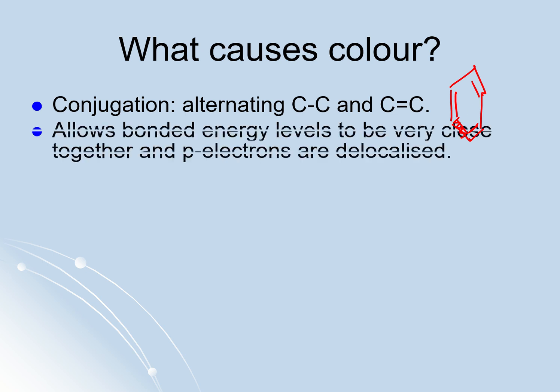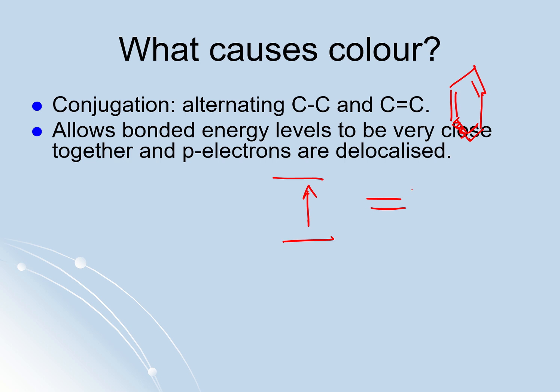But we need that at least. What happens when you get alternating double single bonds is that the sigma bonding area and the pi bonding area of the p orbitals, instead of being far apart, become quite close together.